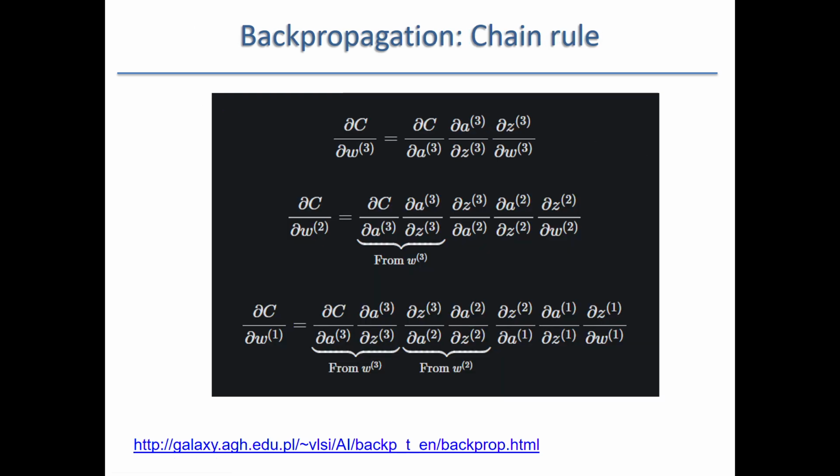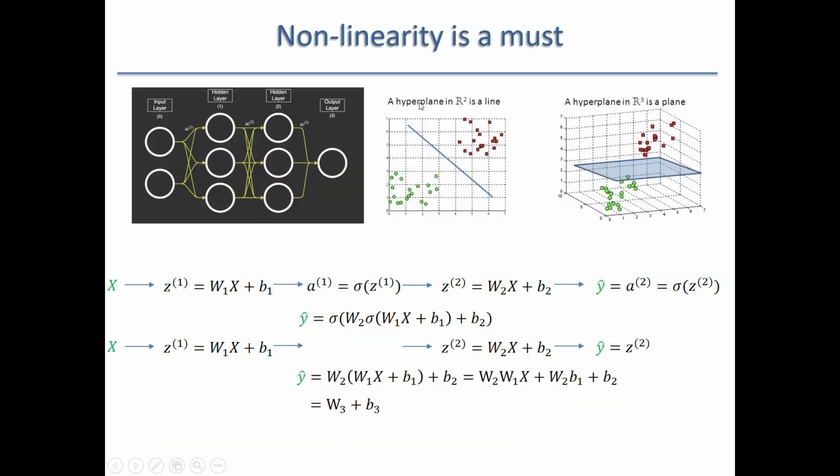Okay, but now we have multiple layers. How can I compute what is the influence of my weights on the cost at the multiple layers? So we have to do it following the sequence of operations that you will do. So we decompose it in computing the linear part and then computing the non-linear part.